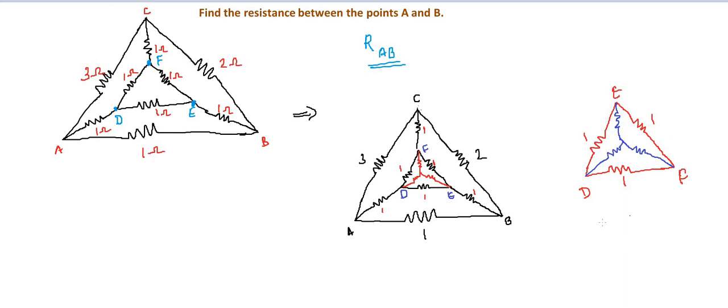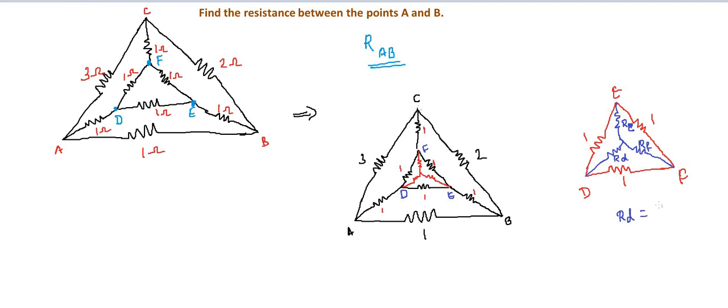So we can find out the resistance using the equation. Let the resistances be RE, RF and RD with respect to the terminals.